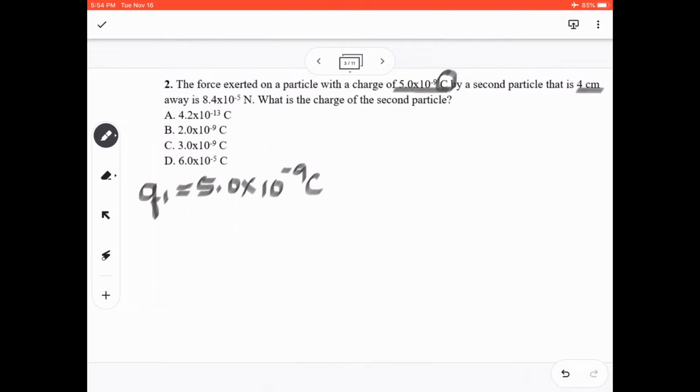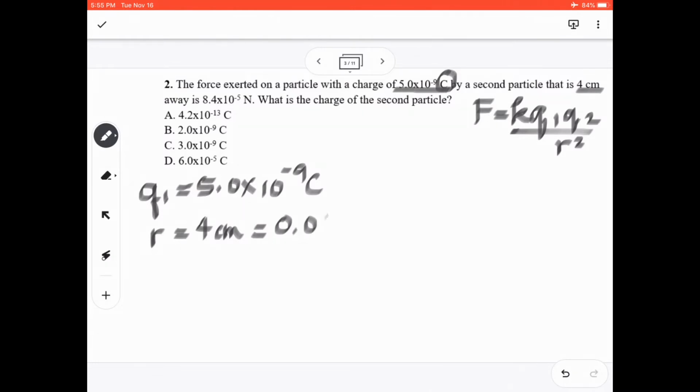In our Coulomb's law, which will be applied in this problem, F is equal to K Q1 Q2 over R squared. The distance over there is the R. Therefore, R is equal to 4 centimeters. It's in centimeters, therefore we have to change it into meters. That would be equal to 0.04 if we divide it by 100.